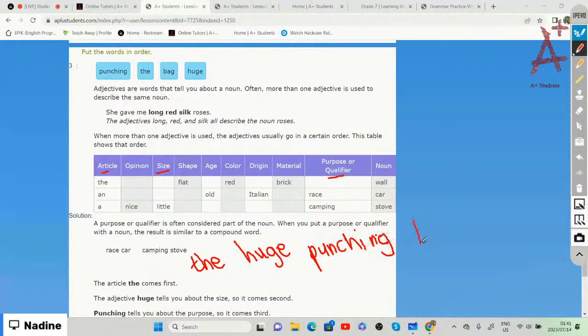And then we have bag. So the huge punching bag, right? The huge punching bag. So huge and punching tell us about this big bag, or tell us about the bag. All right.